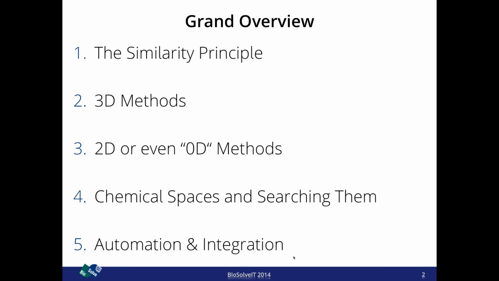Chemical spaces and searching them is a very popular topic now, arising even more strongly, especially since there are techniques to navigate and search these rapidly now. And if there is remaining time, we can hopefully also talk a little bit about automation and integration of all these pieces of software here.